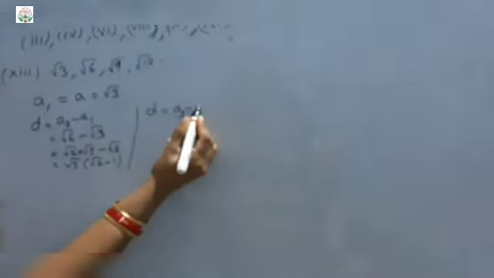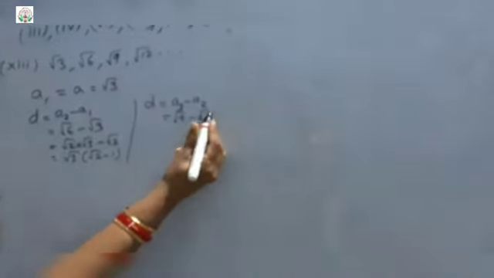This root 6 I can write as root 2 into root 3 minus root 3. So root 3 common. So what is it? Root 2 minus 1. Same way, another one, we'll check for the third and second term, that is a3 minus a2. Both must be same. So now here root 9 minus root 6.